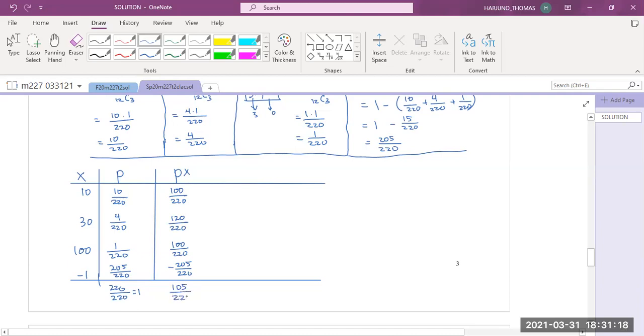So yes, in the long run, this game will be a winning game for the player, which is not common if you go to a casino. I mean, if you go to a casino, you expect to lose. The expectation for you will be a negative number. So on average, a player will win $0.47727 per game.